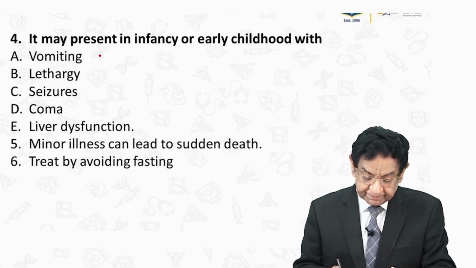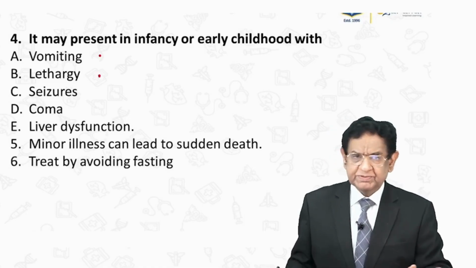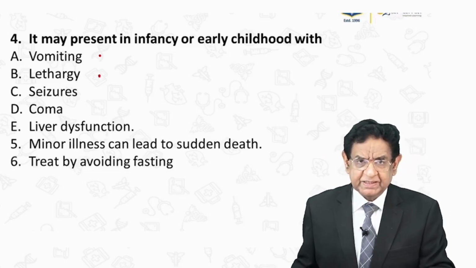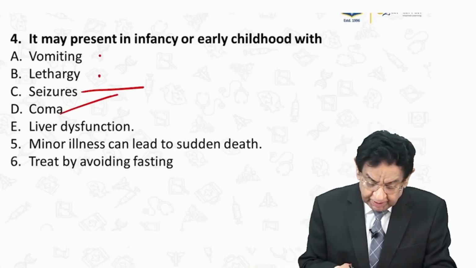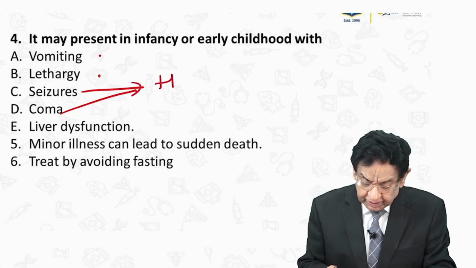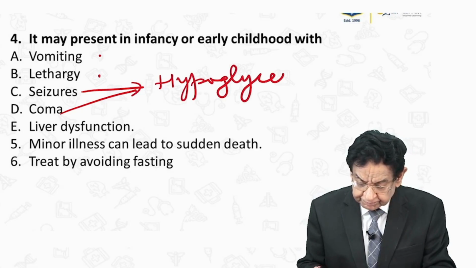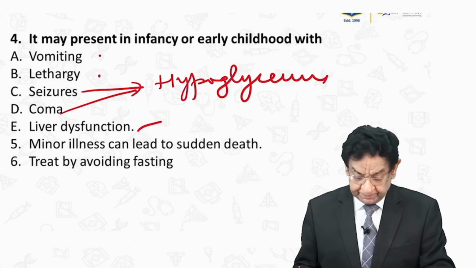Vomiting will be there, lethargy, fatigue. Small children are otherwise very active, but this is not an active child at all. Seizure and coma occur due to hypoglycemia. Liver dysfunction can happen.